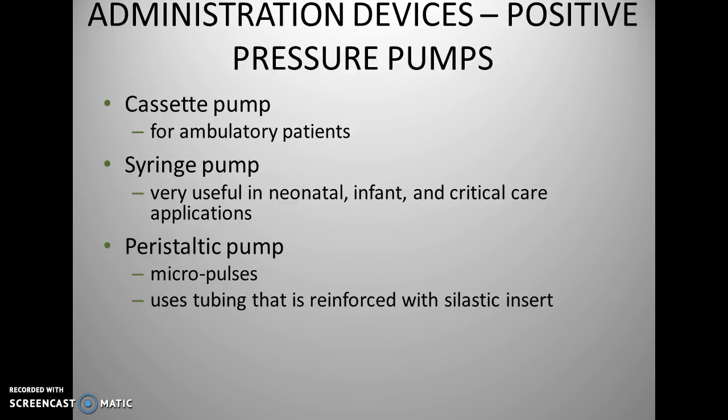We have peristaltic pumps, which use what we call micropulsating pulses. They have tubes that are reinforced with an elastic insert. And this particular type of peristaltic pump infuses solution using micro impulses, and this is produced by a massaging action on the IV tubing itself.